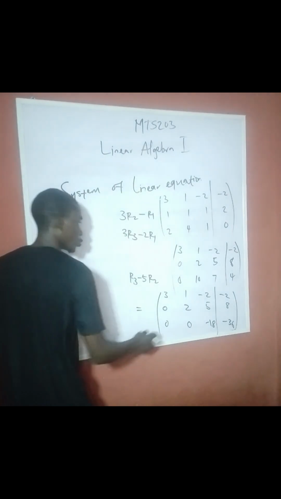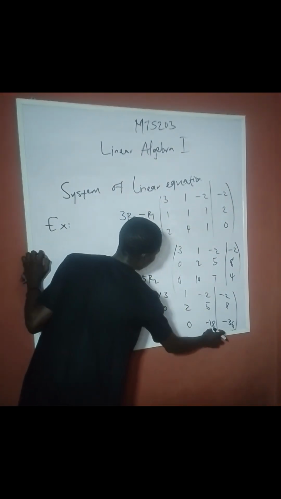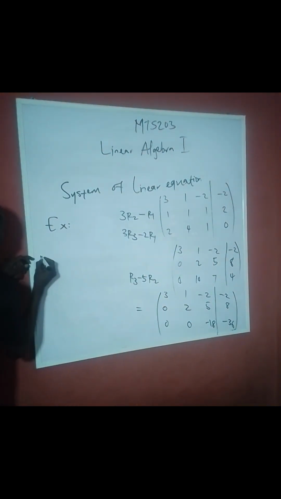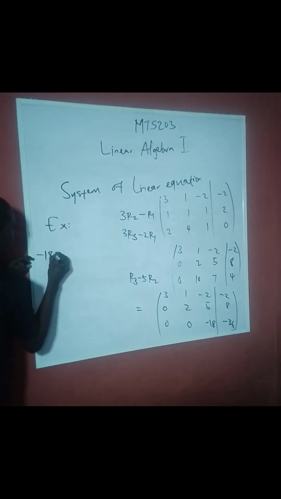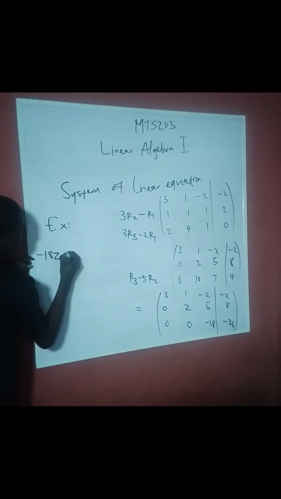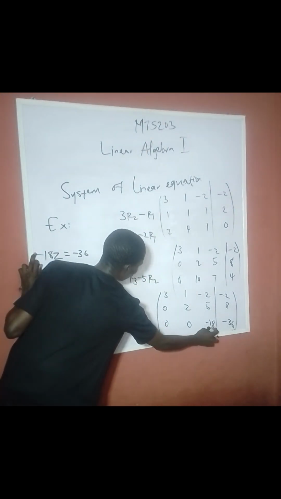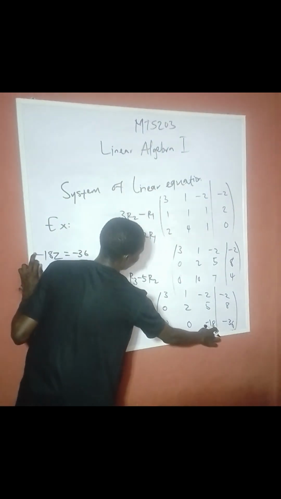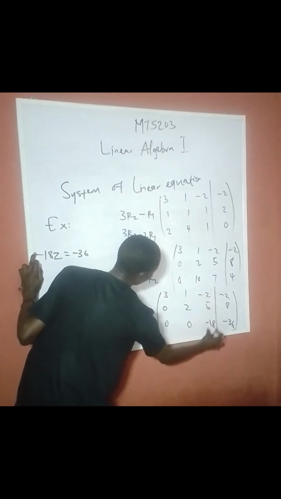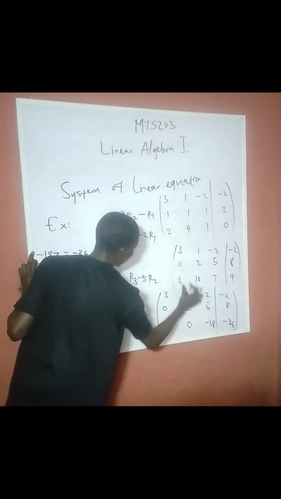Since I'm here, I can just say that minus 18z equals minus 36. Look at how I pick it, because I have my last pivot on my third row. So I categorize my third column to be z, y, and x.